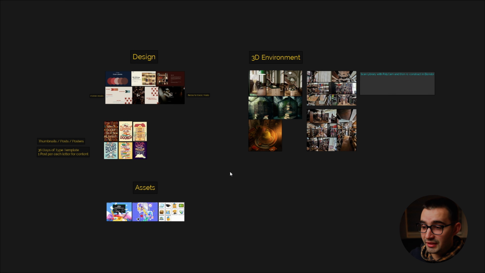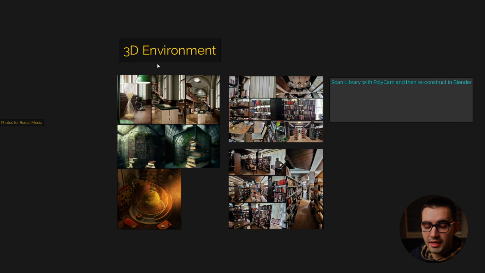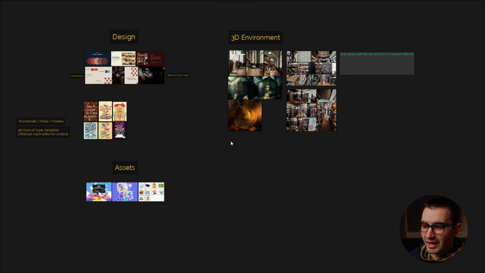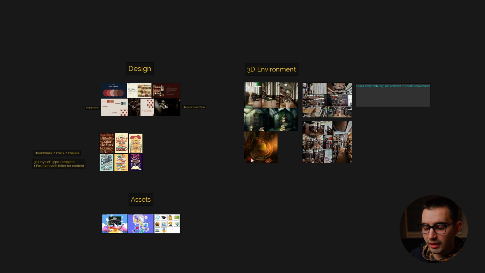Alright, so here we are now in the computer, and what you see here is PureRef, a free software for gathering reference for your projects, and I pretty much use this every time. So you can see here I got some 3D environment images I gathered from all over the internet. I did not end up using all of these elements, but it's always great to have them laid out so you don't just rely on your memory when it comes to making things in CGI and matching them to real life, because this intro in particular is supposed to be realistic.